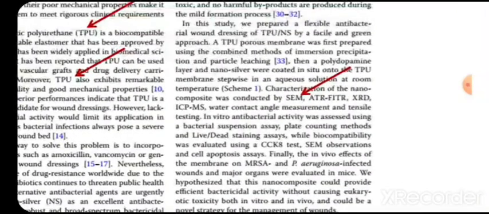Now you can see this word SEM. The long form of SEM is not described here, but the long form of TPU is written. What is the reason? The reason is very simple: TPU may not be a standard or universal word, whereas SEM, that is scanning electron microscopy, X-ray diffraction, and mass spectroscopy are universal.